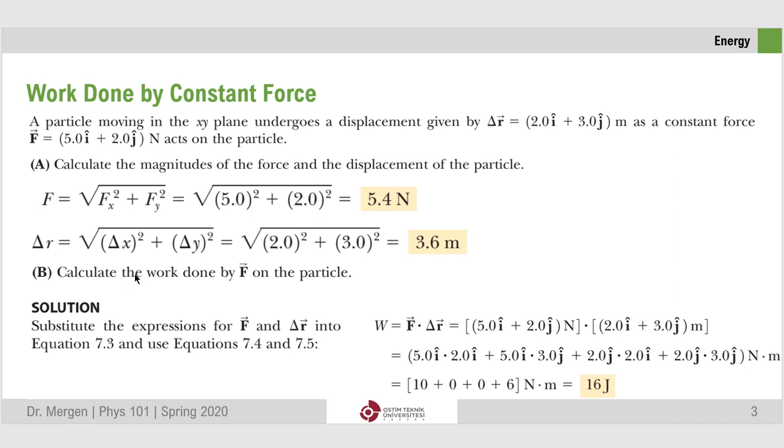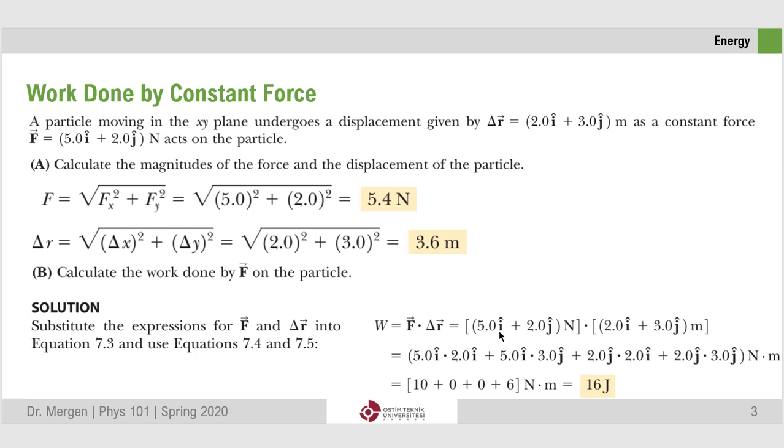In part B, we are to calculate the work done by the force F on that particle. So the only thing we need to do is to substitute the force vector and the displacement vector into the work equation. Force was defined as 5i plus 2j, and the displacement delta r was defined as 2i plus 3j.